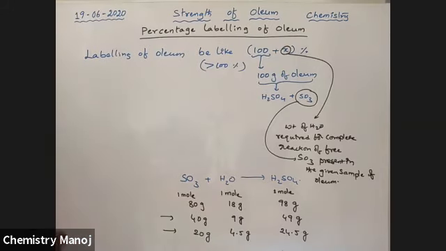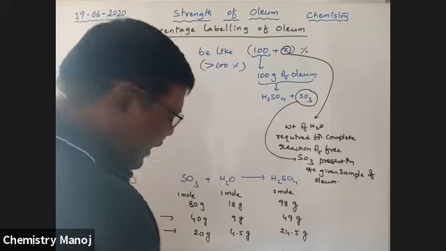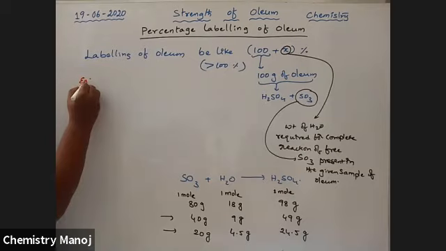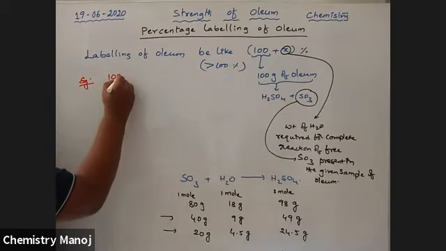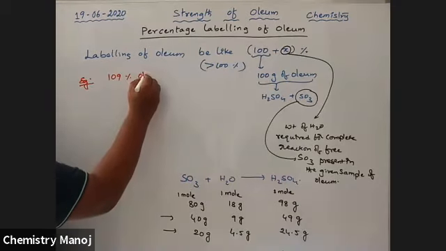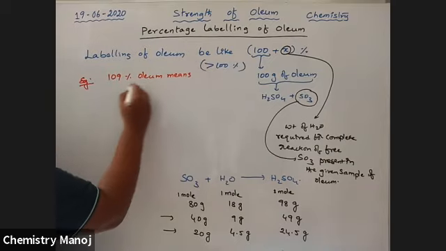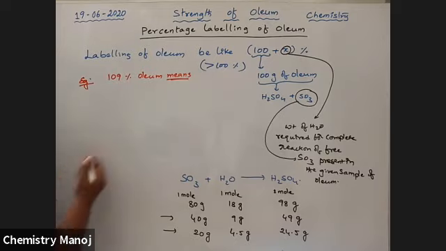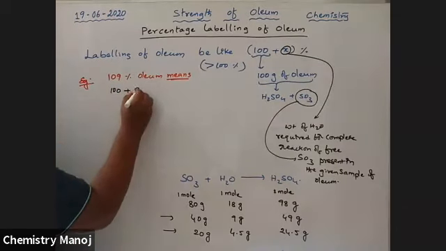Now I am expressing the oleum sample as, for example, 109% oleum. 109% oleum means it is considered as 100 plus 9%.